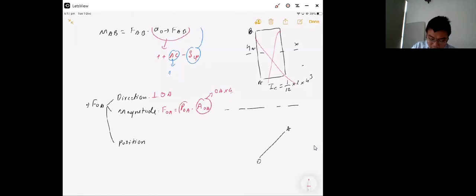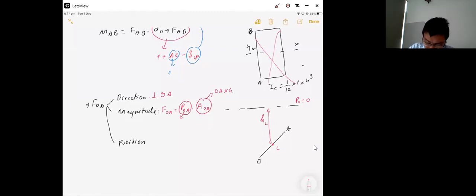Pressure OA. Pressure variation equation, rho g h. With this one, PO is 0. And here is C, the centroid of OA, and this one is SC.